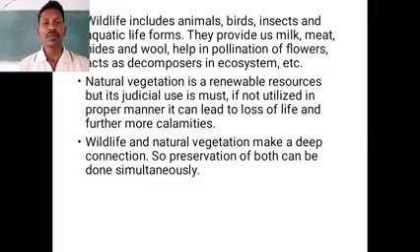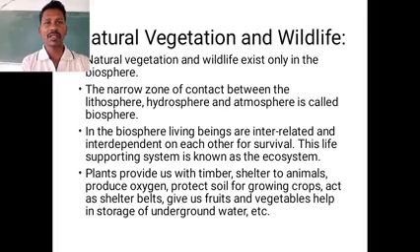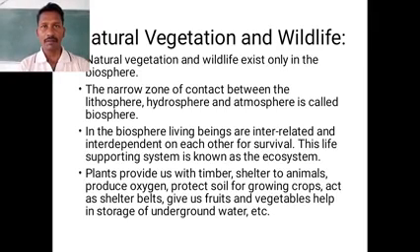Natural vegetation mainly consists of the distribution of the kingdom of plants and the kingdom of animals. It mainly exists in the biosphere. Biosphere means the fourth domain of the earth, where life exists.